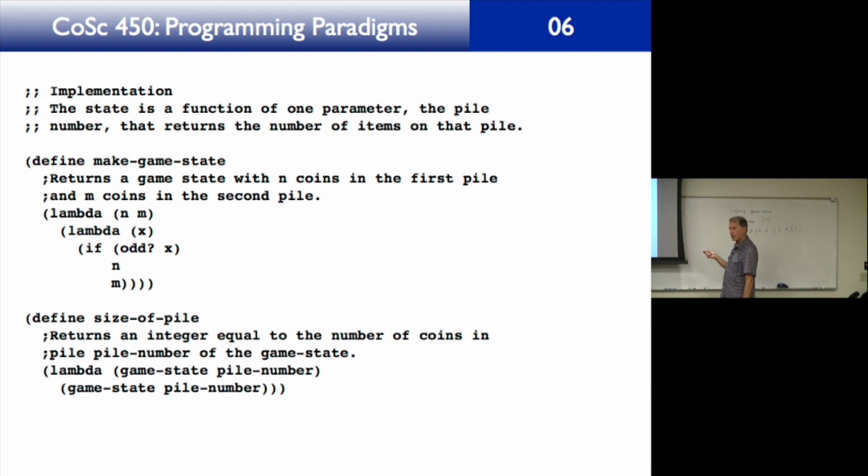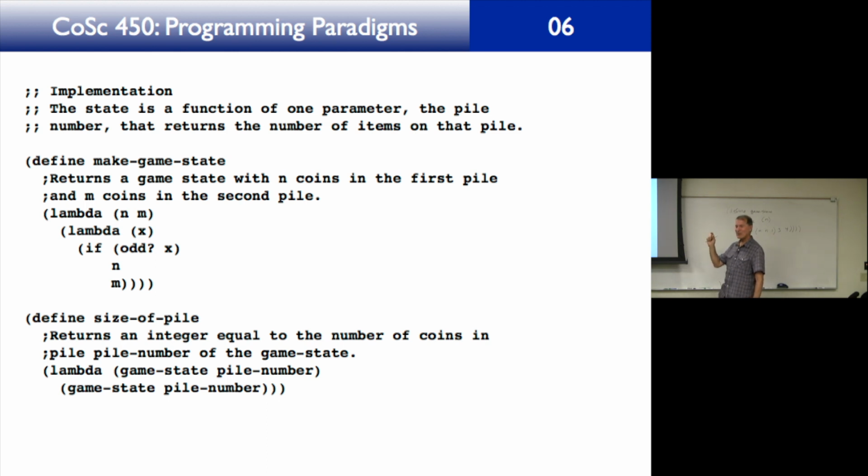Okay. Where do you see? Like when you go to the end of the slide. Oh, like size of pile? Yeah. The very last line. It's calling the game state function. Yes, and the game state function is returning however many is in that pile. So that's how size of pile works. Yeah, it's kind of strange, isn't it?